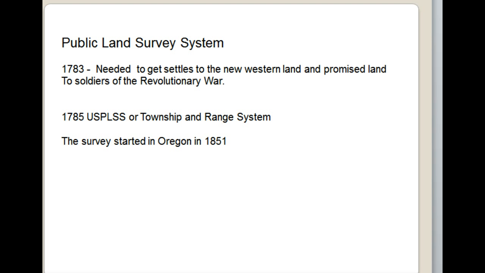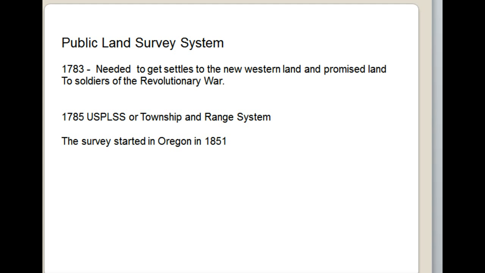The third system is the Public Land Survey System, or also called the Township and Range System. And in 1783, the government needed to find a way to get people out to the new territories to the west. Part of this was because there was interest from Russia in setting up claims in the western part of the U.S., and we had promised soldiers of the Revolutionary War some land.